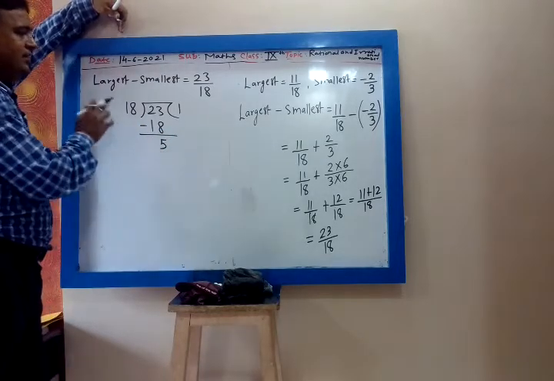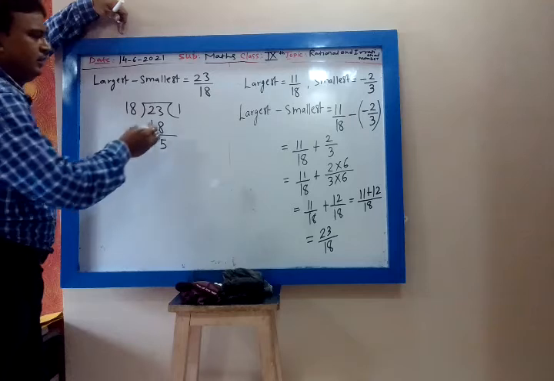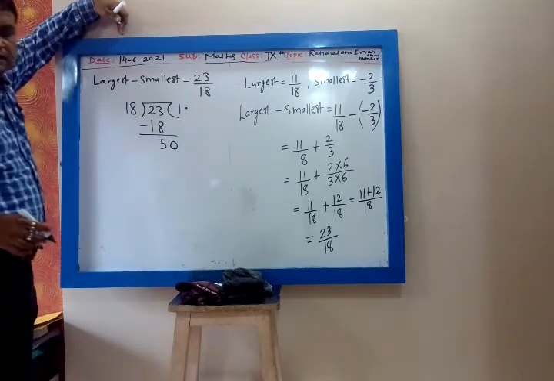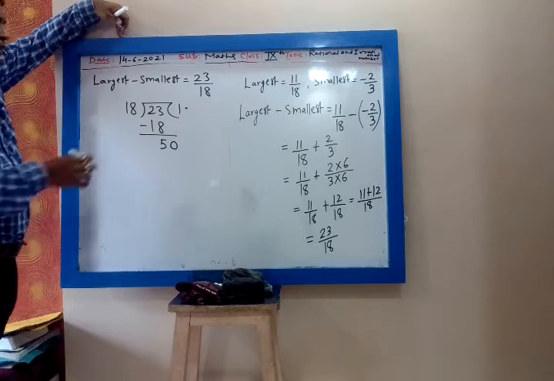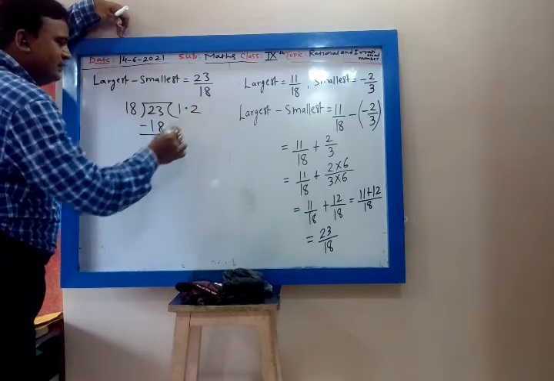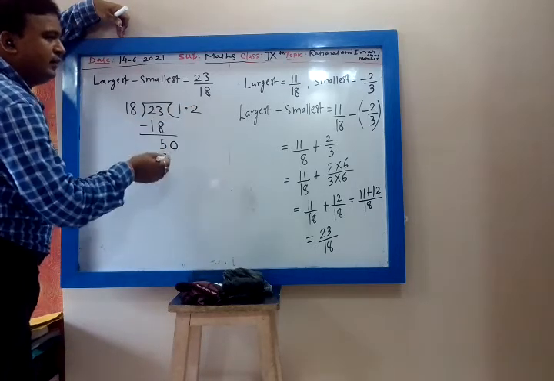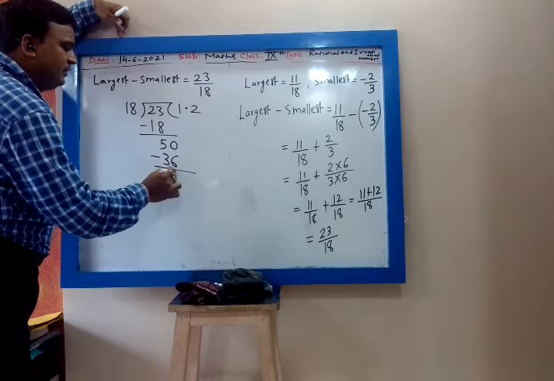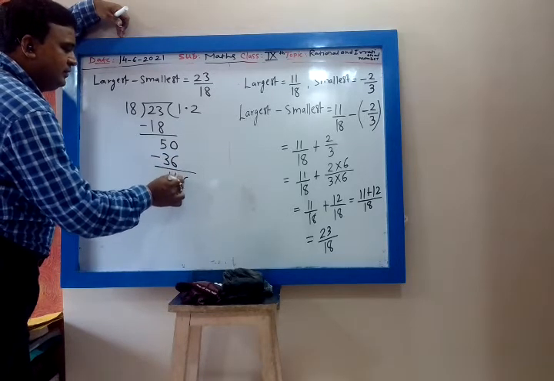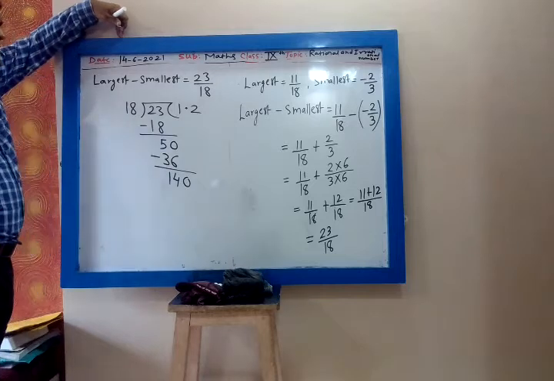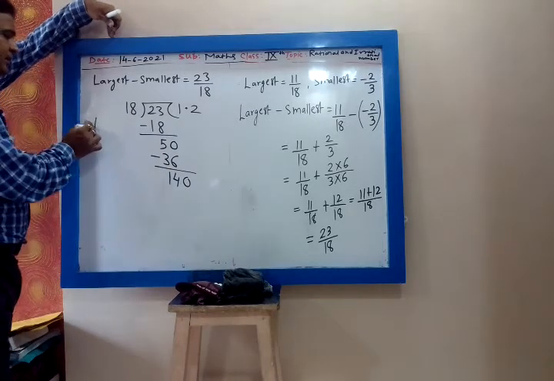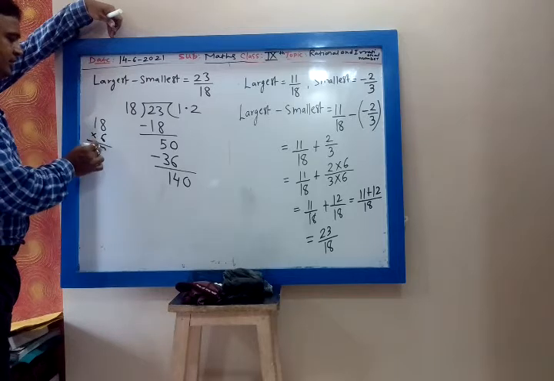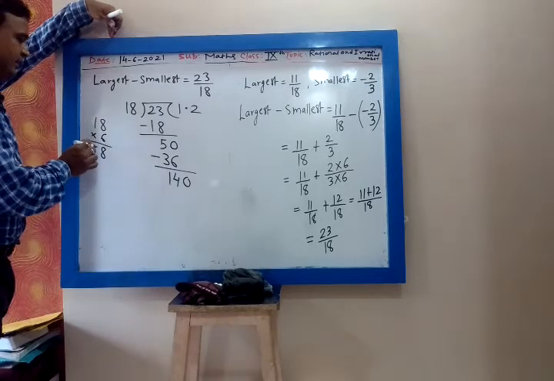Now 5 is smaller than 18, so you will put a decimal point, then it becomes 50. Then 18 twos are 36, 3 will be more, 18 threes are 54. 50 minus 36 is 14, then 140, then 18 sixes are 108.